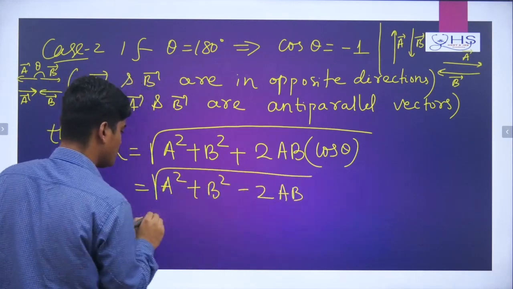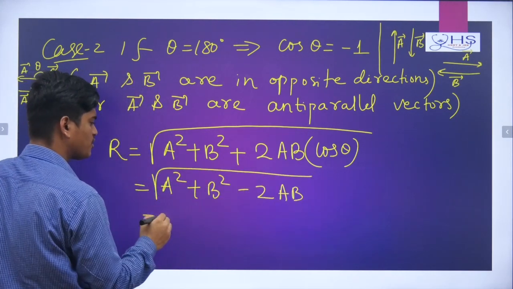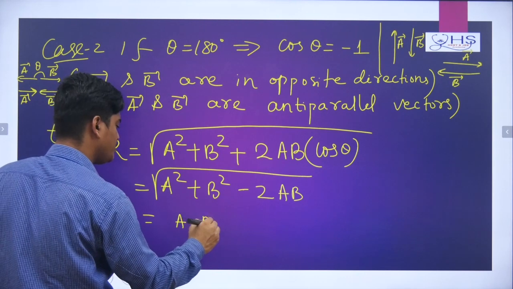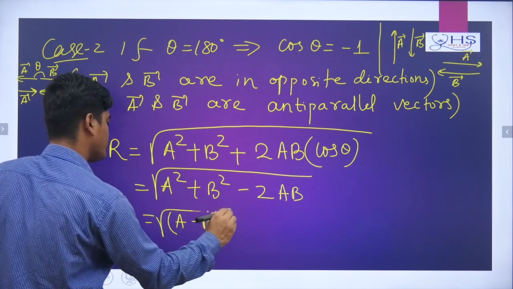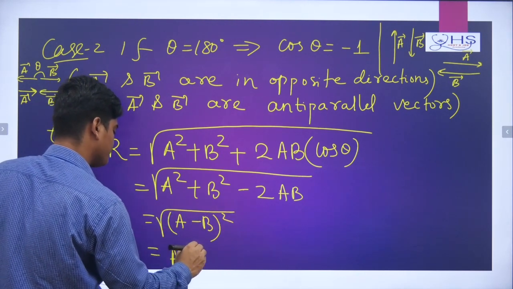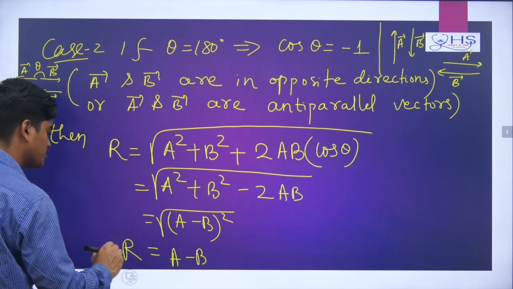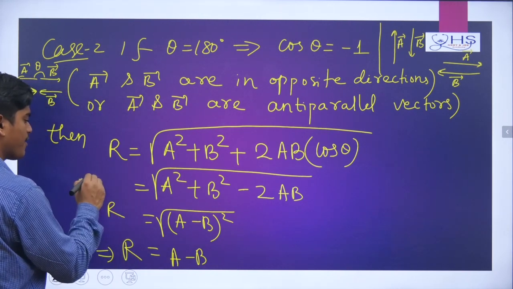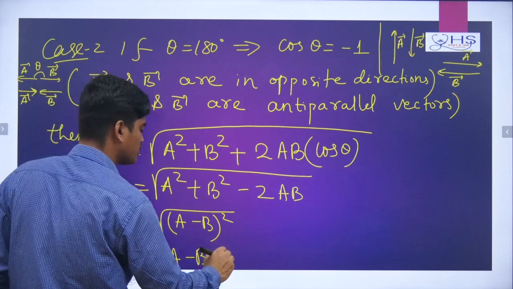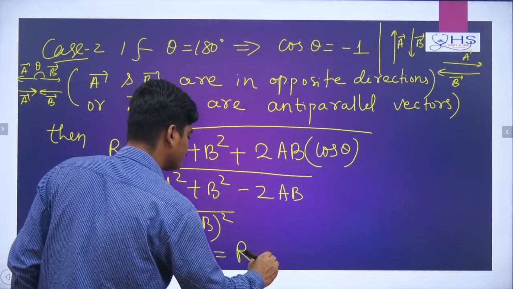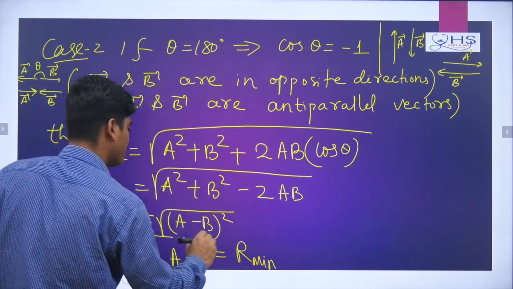Now here A square plus B square minus 2AB is nothing but A minus B whole square. Square root of A minus B whole square is nothing but A minus B. So it is your R. So this is your resultant coming. This is called R minimum.